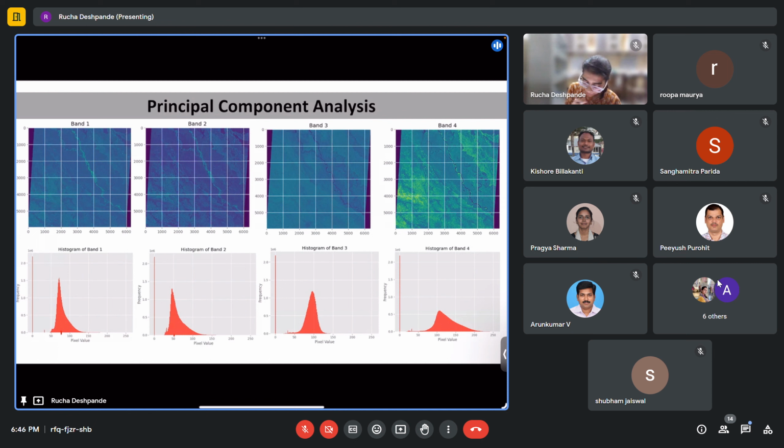Then band 3 is slightly towards higher values, and band 4 is centered around 100 to 110. So band 1, band 2, and to some extent band 3, their distribution is almost the same, and the images also appear the same, and they are not giving any useful information.